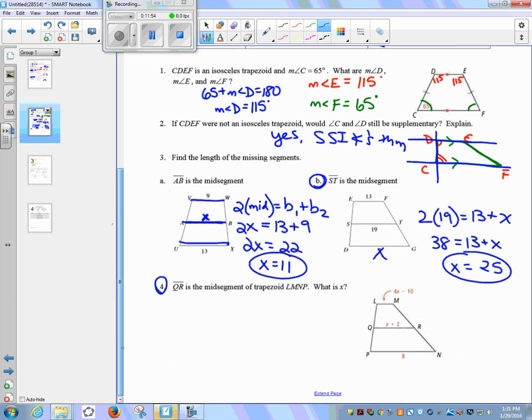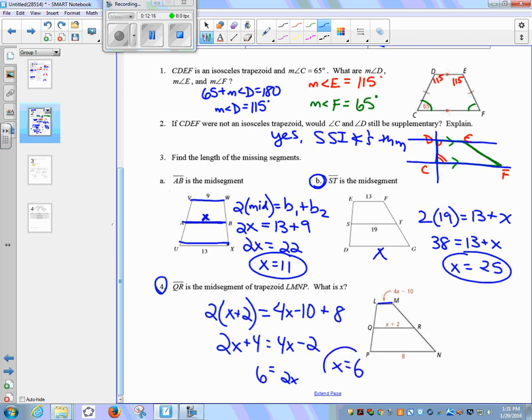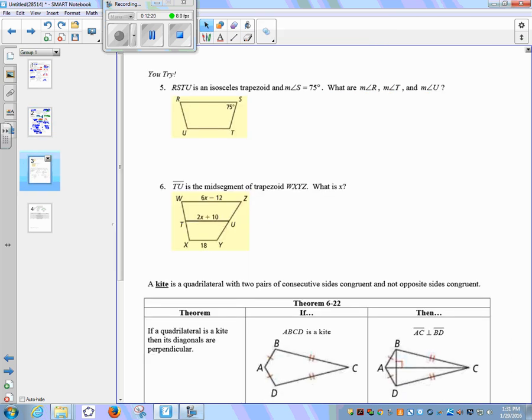Down here, again, 2 times the midsegment, parentheses x plus 2, equals base 1, 4x minus 10, plus base 2, 8. And you can solve this. Don't forget to distribute, and then solve. Okay, so you guys could try these 2 on your own.